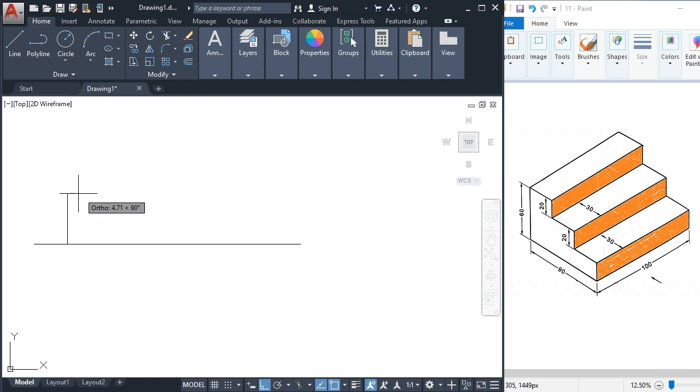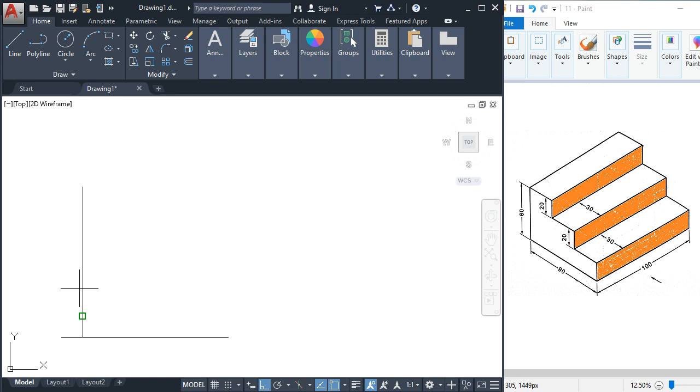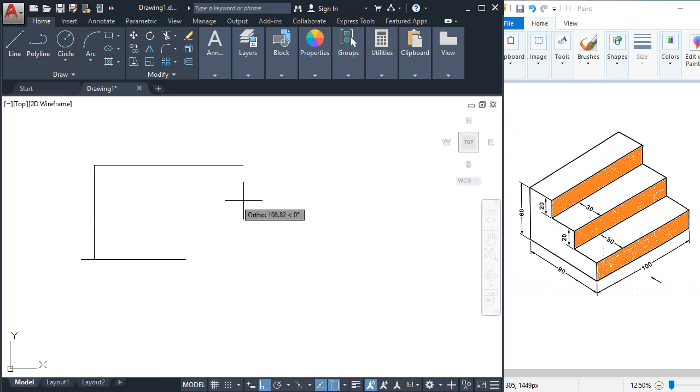From that, if you draw the object, the total height is 60, this way it is 100, and this way once again we come 60.